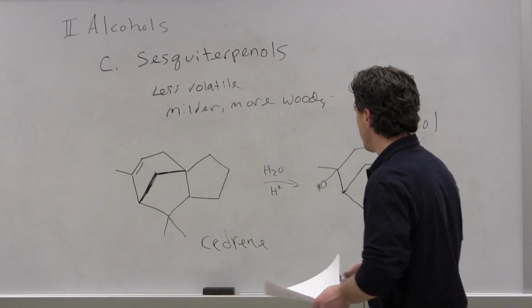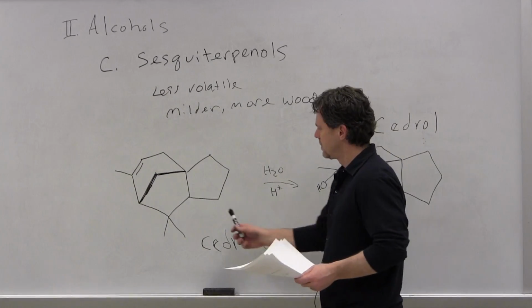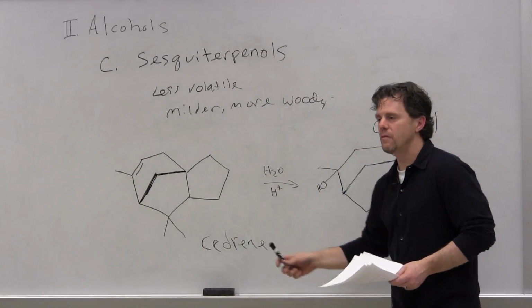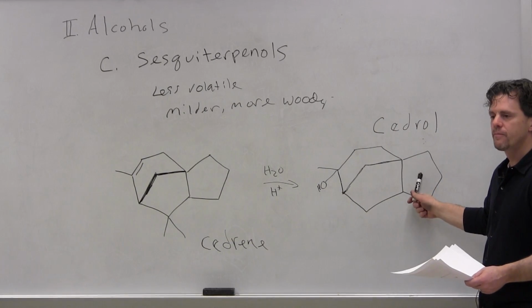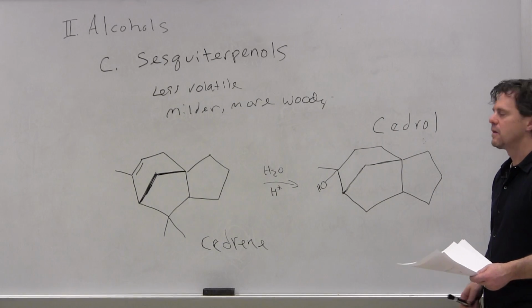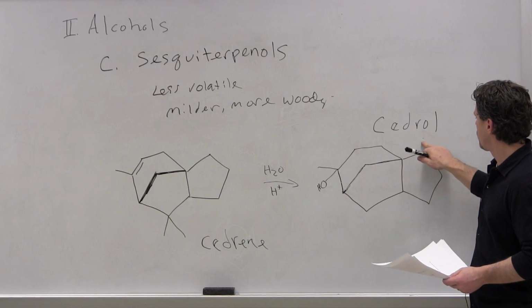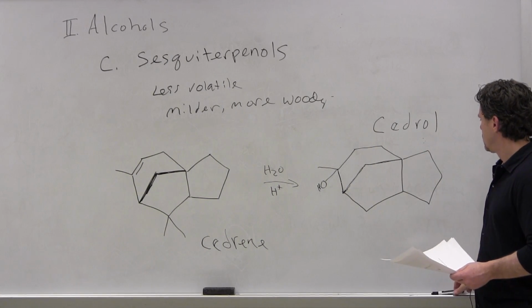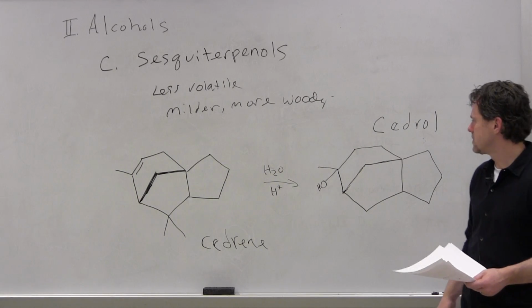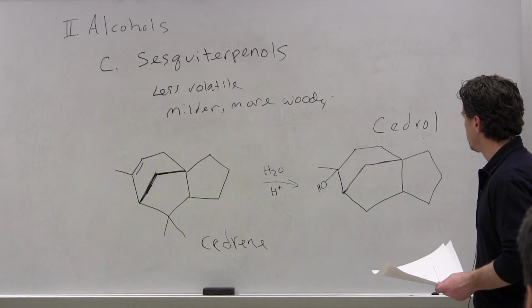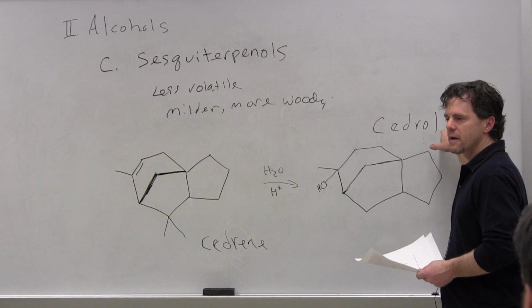Again, both of these would remind you of cedar wood. This would be the finer odor of the two. It's a very useful aroma chemical. It actually is produced from the cedar wood oil. You can actually crystallize this out of cedar wood oil.